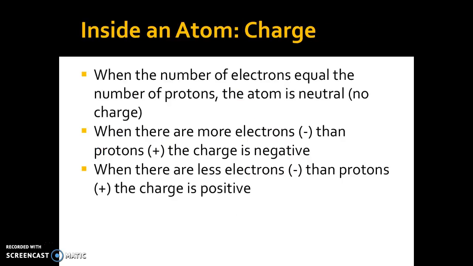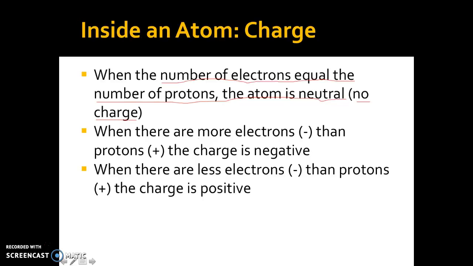When the number of electrons equals the number of protons, then the atom is considered to be neutral. This is what you need to highlight in this area. When the number of electrons equals the number of protons, the atom is neutral. It has no charge. And we'll talk about electrical charges in a moment.